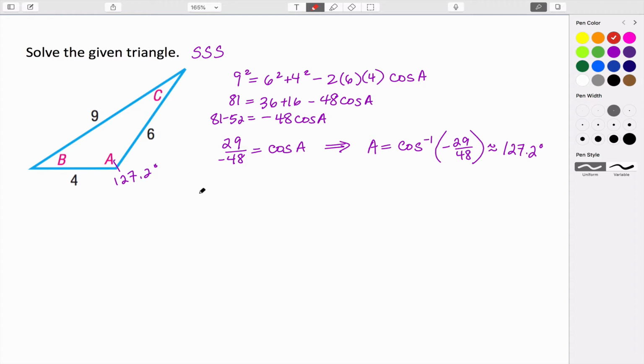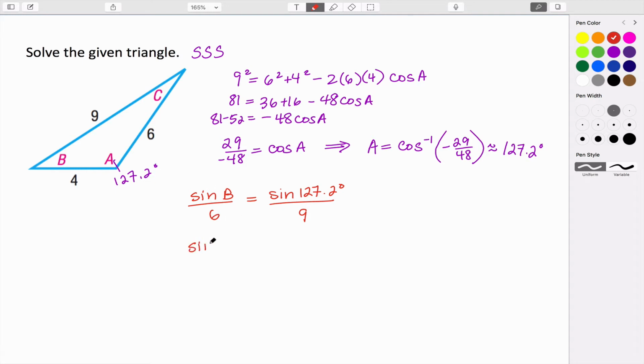So we can say the sine of B divided by 6 equals the sine of 127.2 degrees divided by 9. Multiply both sides by 6.